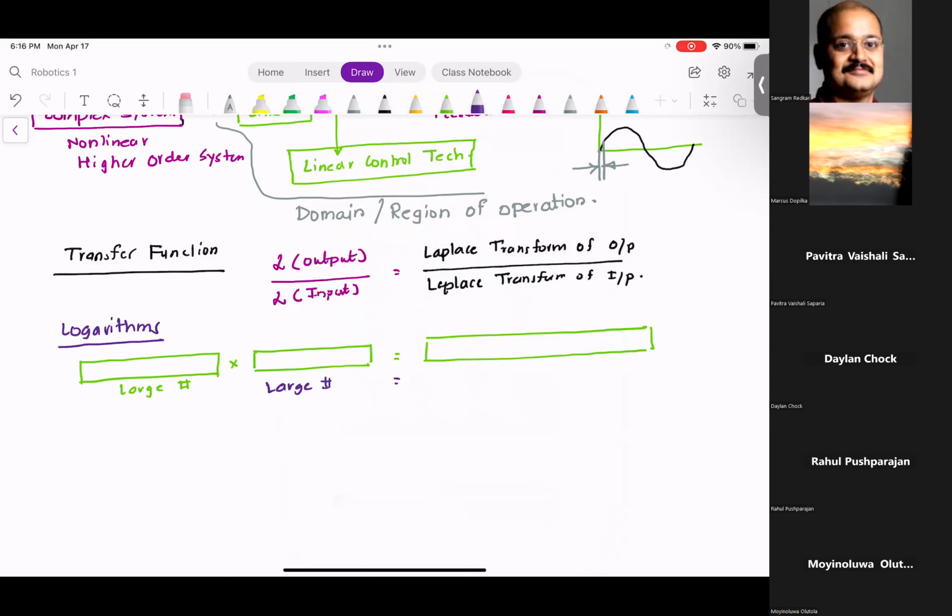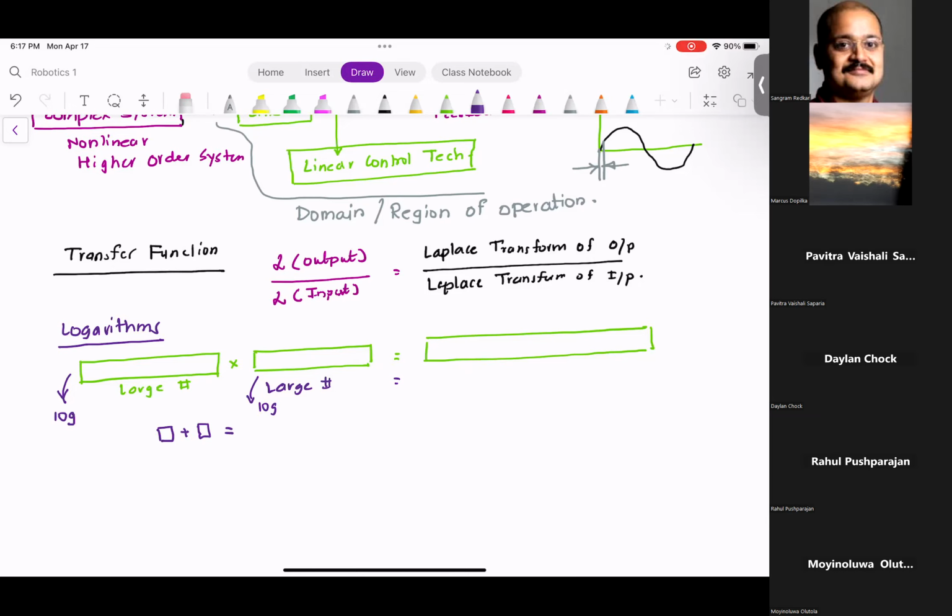So with logarithm, once we take the log of this function, I get a small value. When I take the log of this, I get a small value. And multiplication in the actual domain is addition in the log domain.